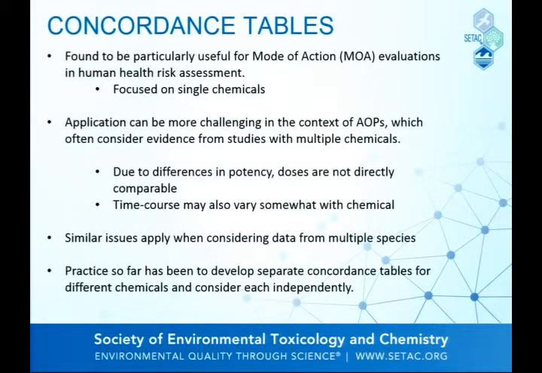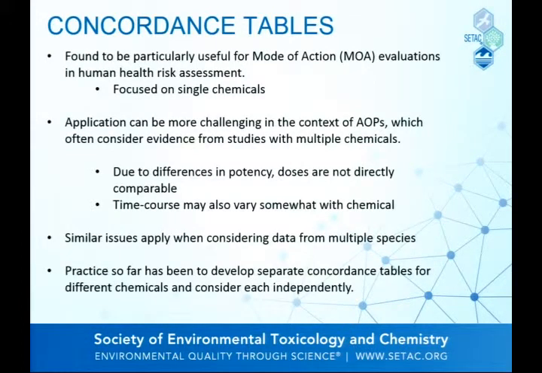Time course can vary with chemical, again, based on the different potencies of the chemical, different toxicokinetics. Similar issues apply when we're using data from multiple species. So we can't necessarily look at the temporal concordance if we're mixing trout with zebrafish. Totally different developmental stages and so on.